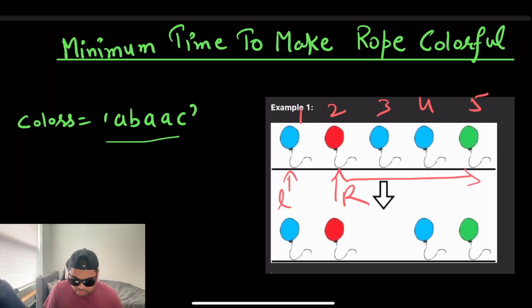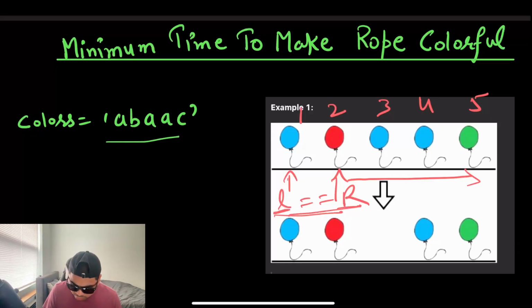Whenever my left equals my right, I check which one I can remove. Here this is not the case, so I will increment my left and right both.